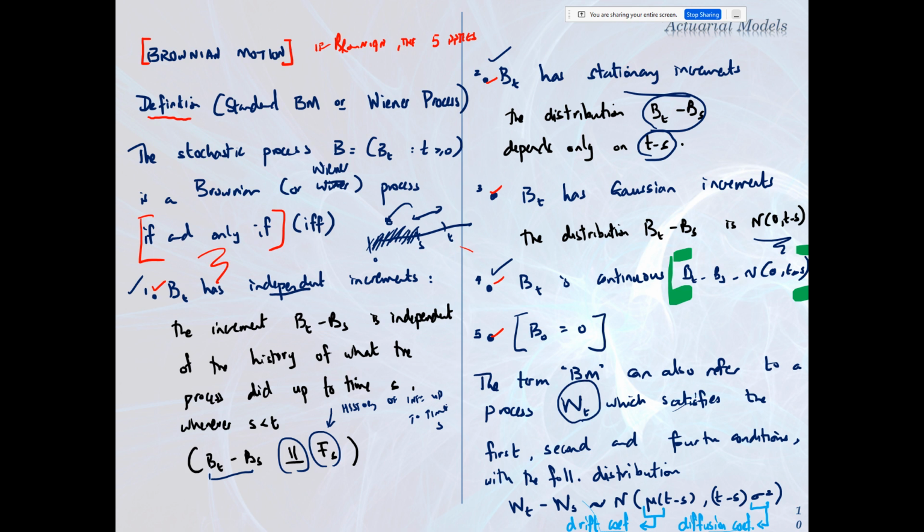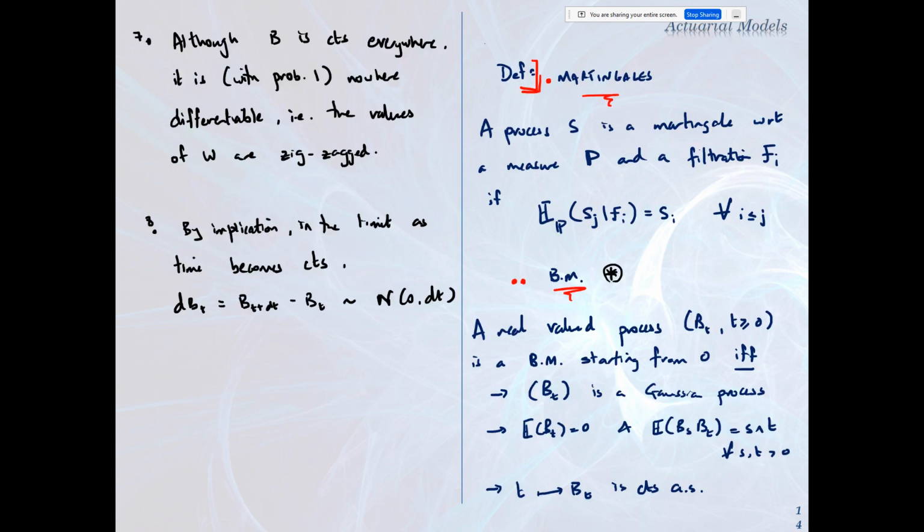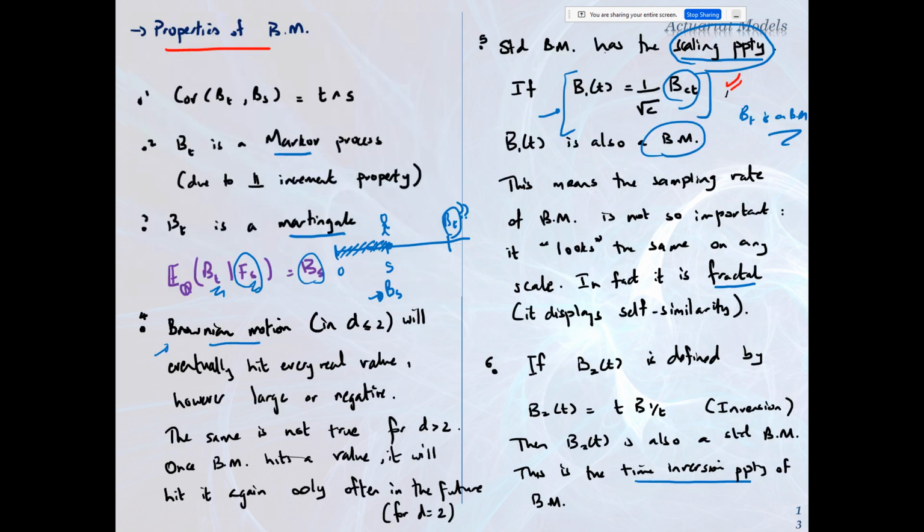And if and only if also says that if I have a process which has the 5 properties, then we have a Brownian motion. So it goes both ways, in the 2 directions. You can check this using these 5 properties, but we will see in the next slide that we have another definition of the Brownian motion, which we can also use.